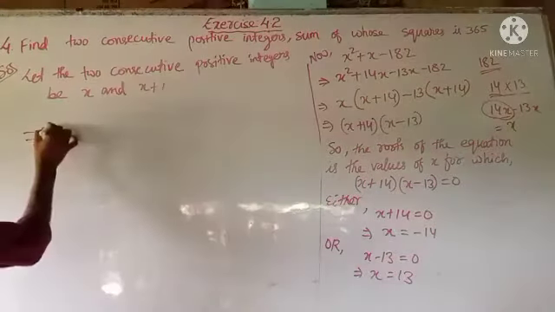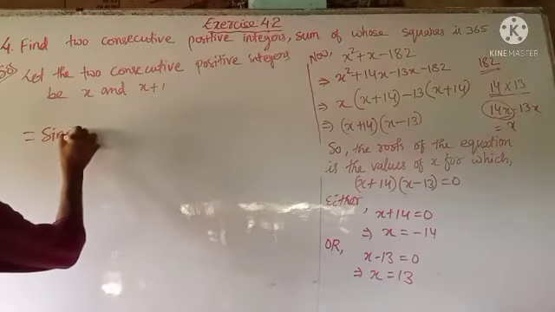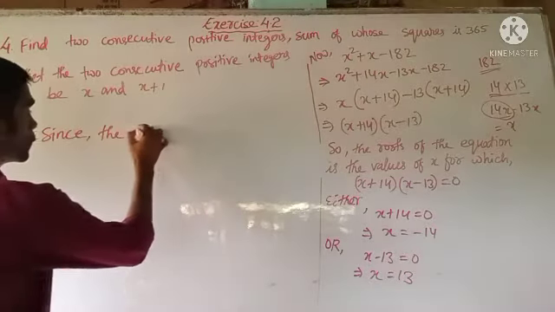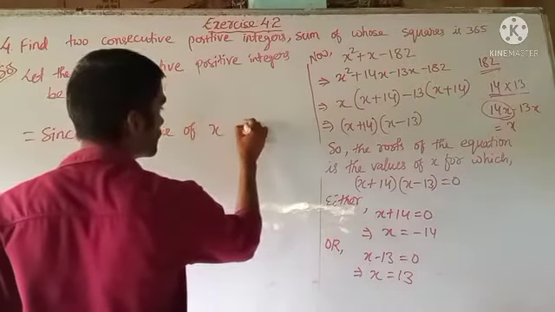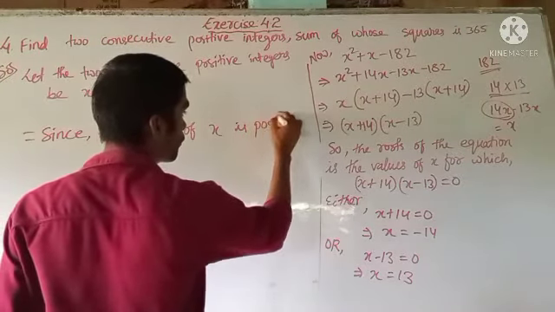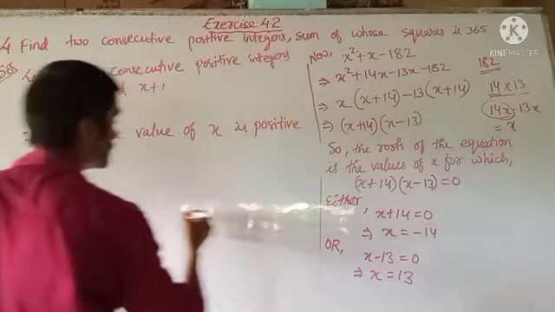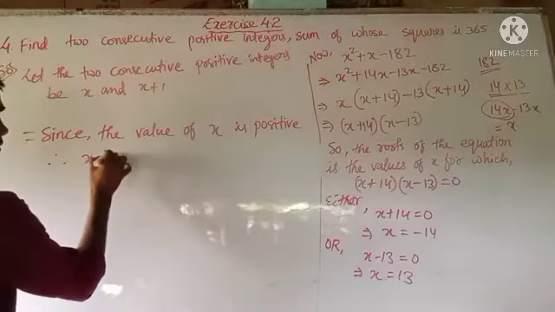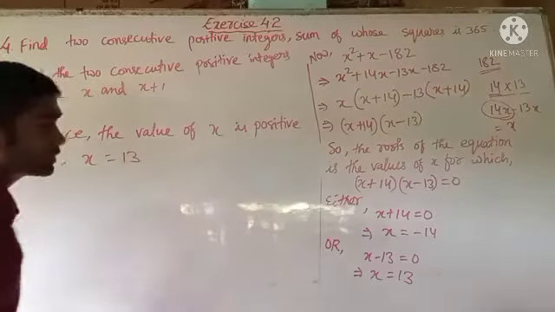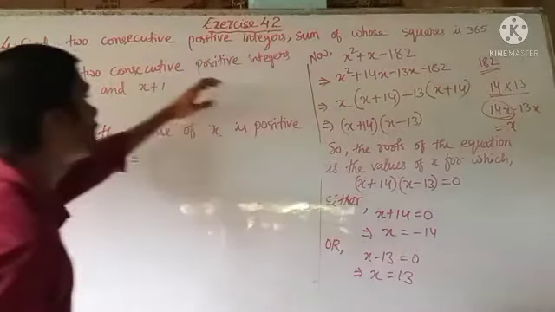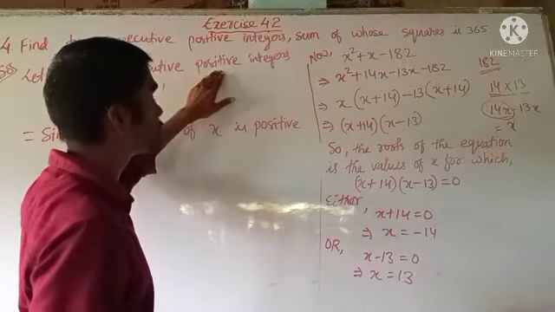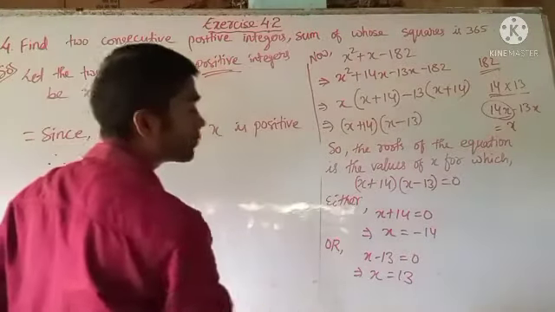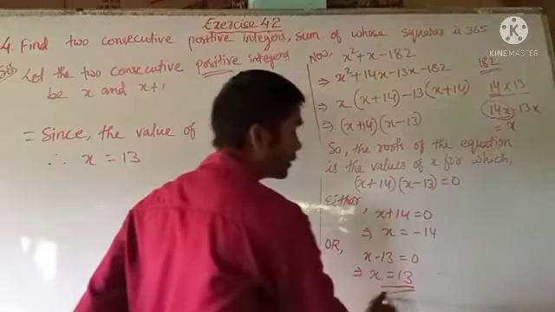So we'll write here, since the value of x is positive, therefore x is equal to 13. We cannot take this negative value, since it is given about two consecutive positive integers. It is said about positive ones. So we are going to take the positive value, that is 13 only.